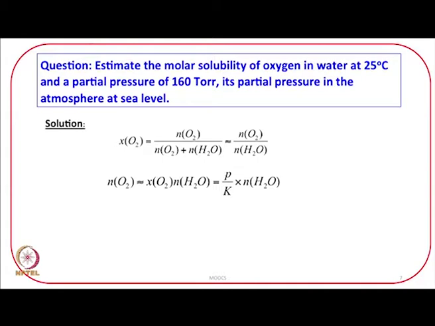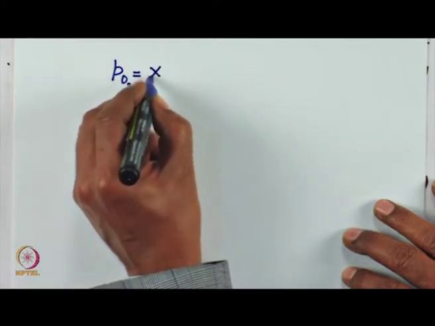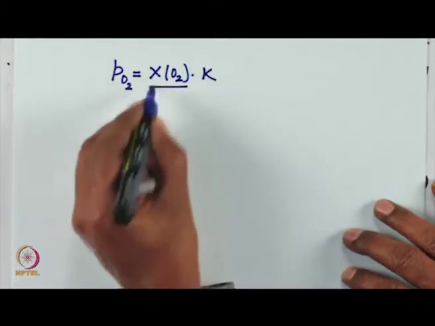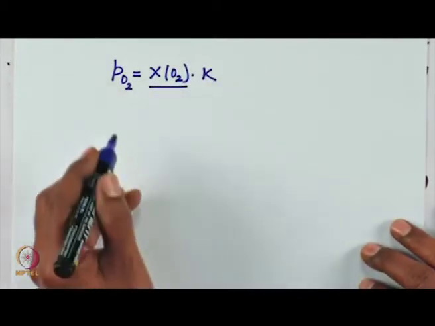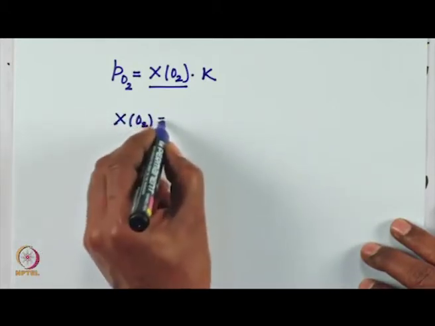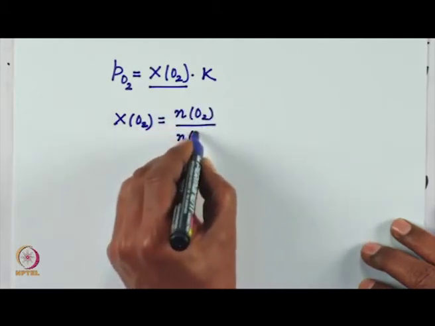Now, I am using Henry's law. As I just discussed, Henry's law says the partial pressure or vapor pressure of oxygen is equal to the mole fraction of oxygen into K. And the mole fraction of oxygen, we have just discussed, is the number of moles of oxygen divided by the number of moles of water.